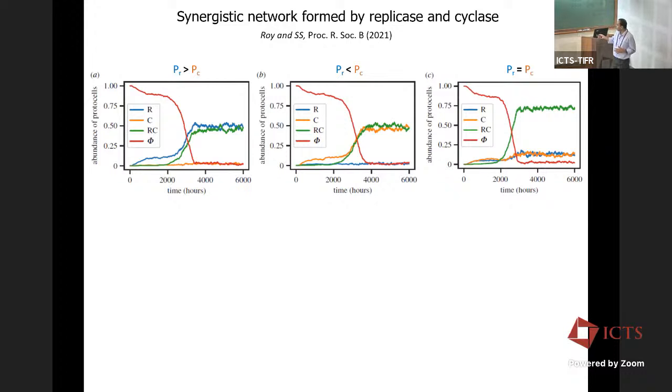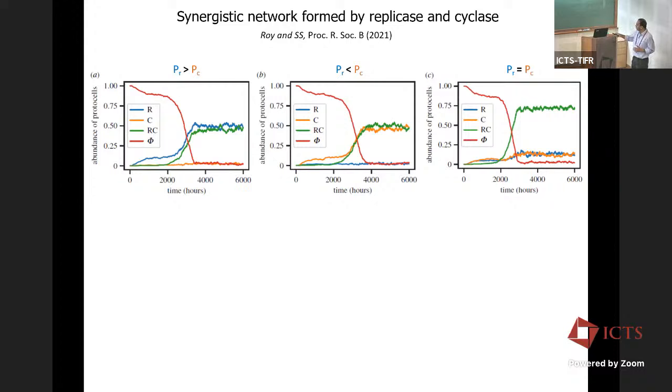So what we found is that if you look at the probability of cyclase and replicase production, evolution leads to protocells which contain both replicase and cyclase in amounts or in fractions which depends on the relative probability of the two.